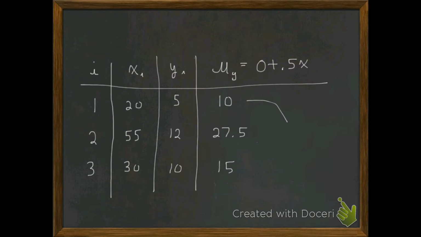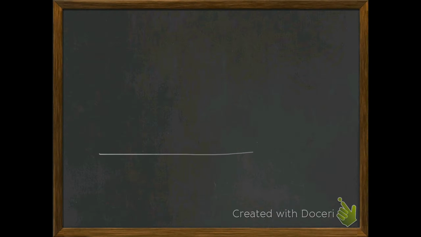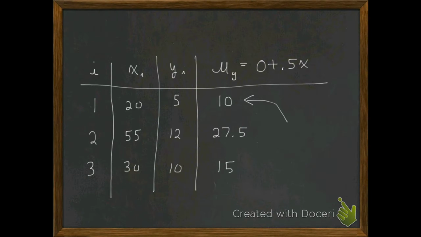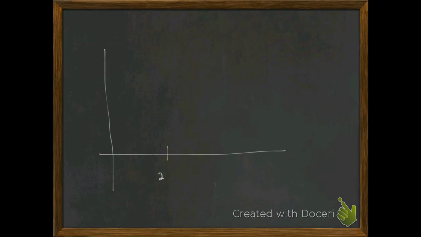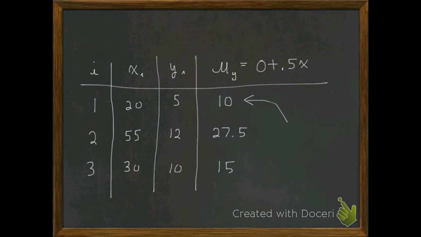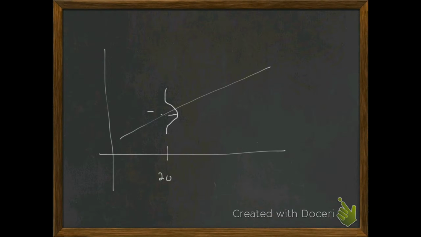Now let's investigate this just a little further. So what we're saying here is when our level is 20, and we've got our regression, I should have gone through the origin because we have beta 0 equal to 0. We have a normal distribution where the mean response is equal to 10, and the standard deviation is equal to 3.